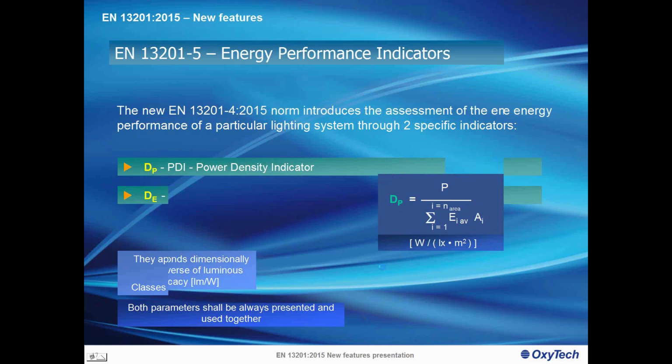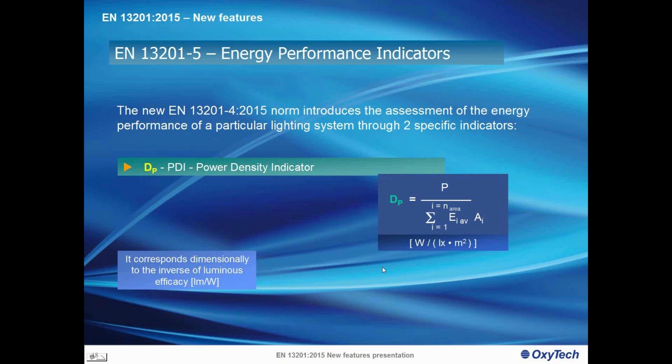Let's come now to see how these parameters are calculated. So this is the formula for the DP parameter, the power density indicator, which is the ratio of the system power divided by the sum of the flux, because it's an illuminance multiplied by an area.